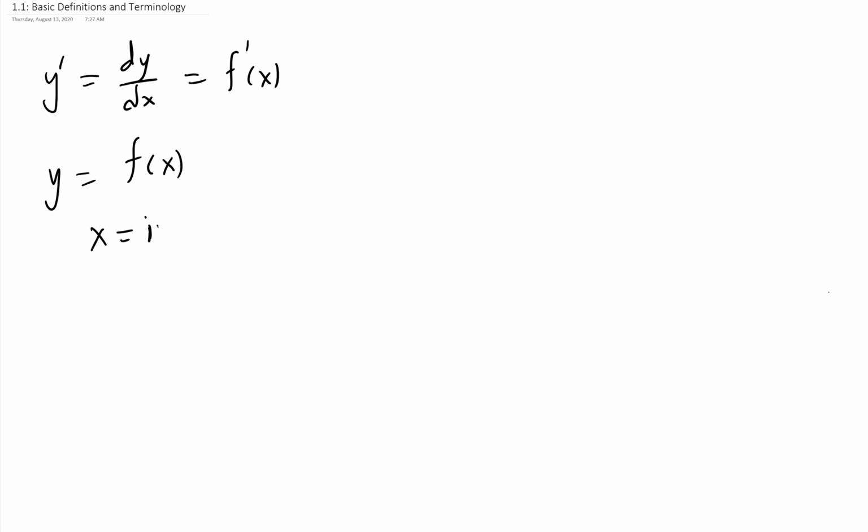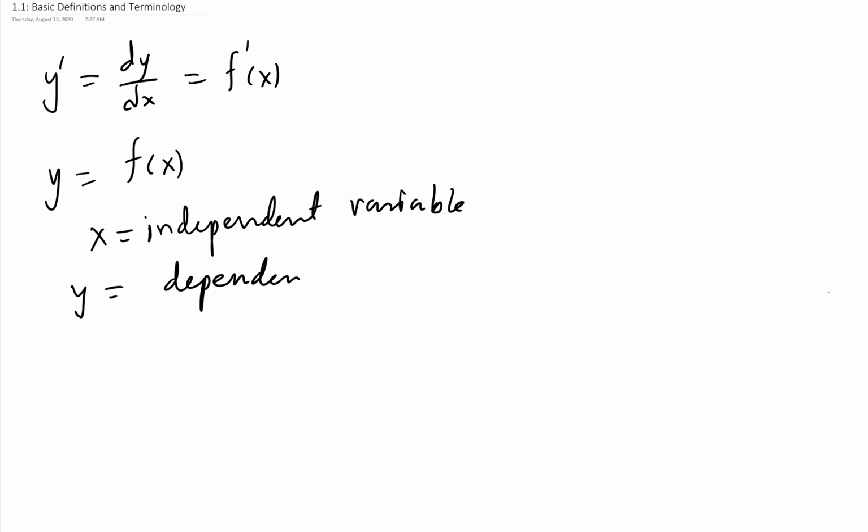So x is called the independent variable, and y is called the dependent variable.